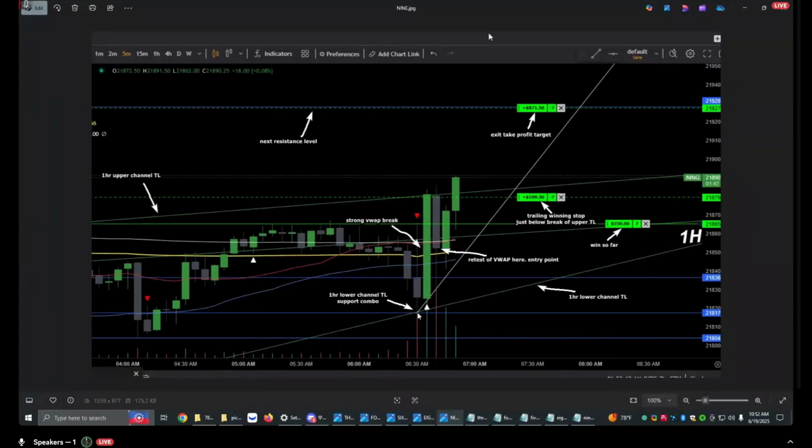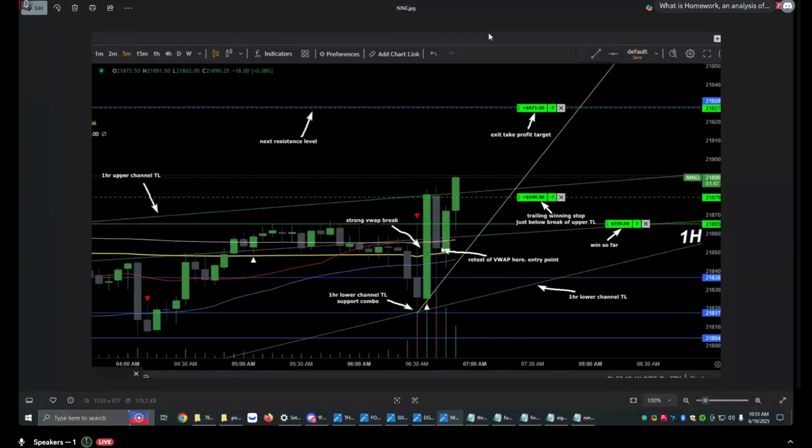So we touched that and bounced up heavily. Strong VWAP break. Didn't care about it, broke through it. And this was the upper channel of this 1 hour trend line. So this is the resistance of that channel. Got rejected, came back down, retest of the VWAP here, entry point. And it looks like I entered late.